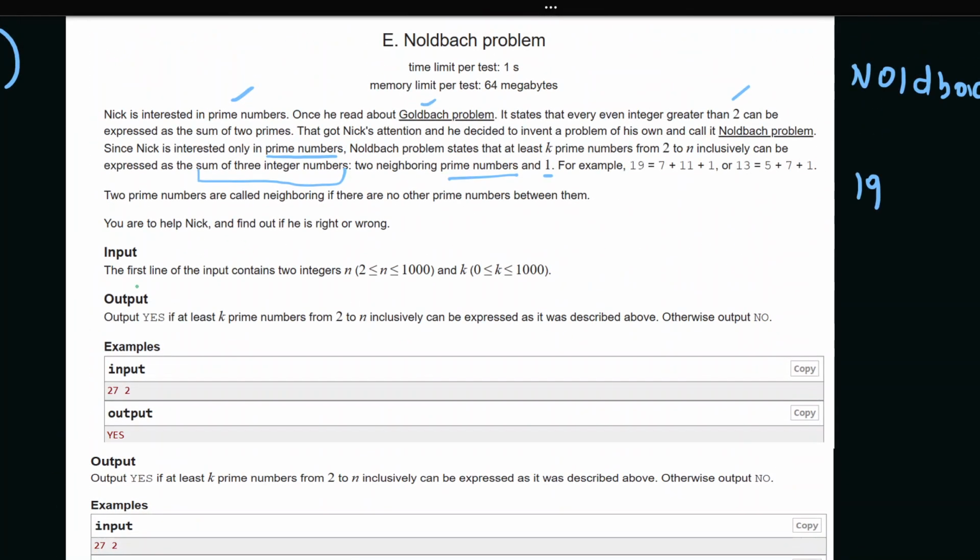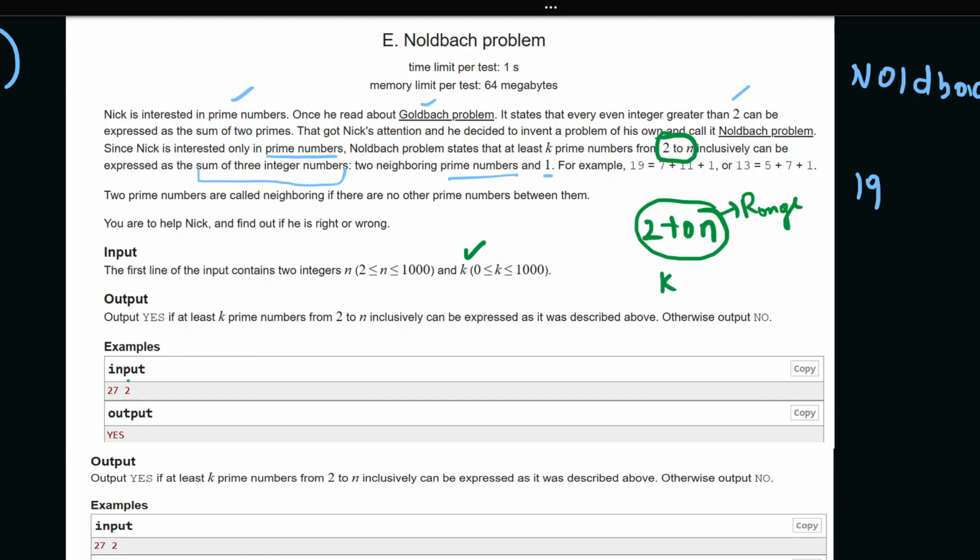We have a small thing we did not read. They're saying that it should be in the range of 2 to n specifically. Correct. So he will give us n, and it should be between 2 and n. So the prime numbers we can only take from this range. Correct. And what is the other value which they gave? That is k.